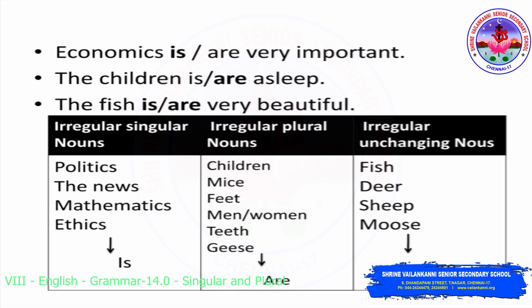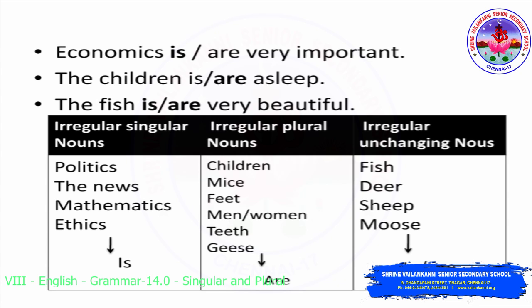But the reason why we get confused is that in English we also have irregular nouns, which don't follow those rules. But you can understand them because we can group them in certain categories. So first of all, we have irregular singular nouns. These are a little confusing because they end with the letter S, but they are singular.